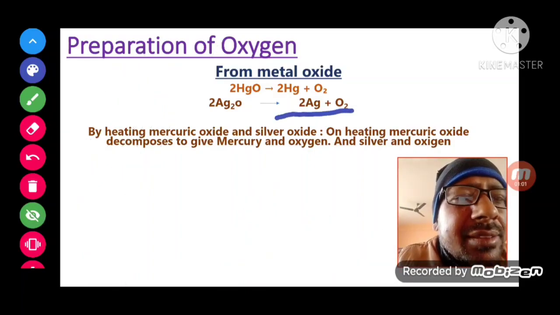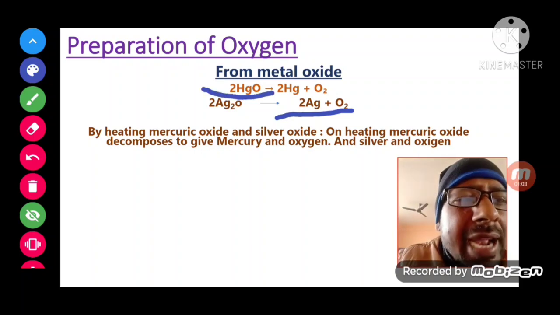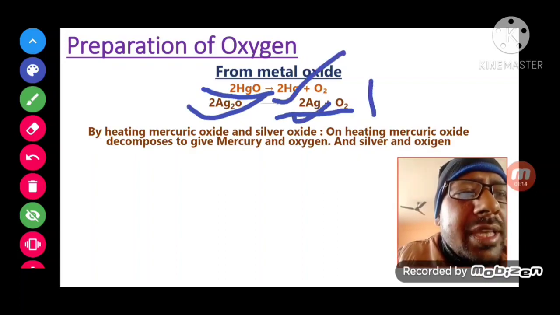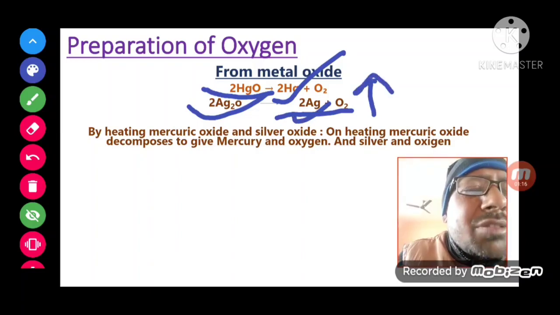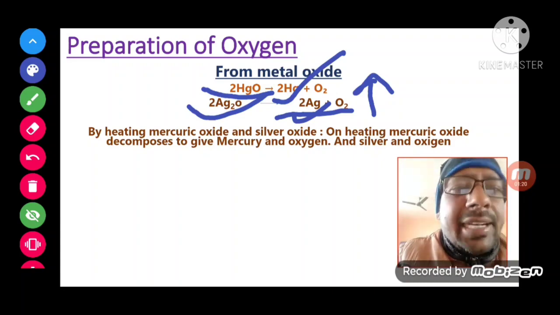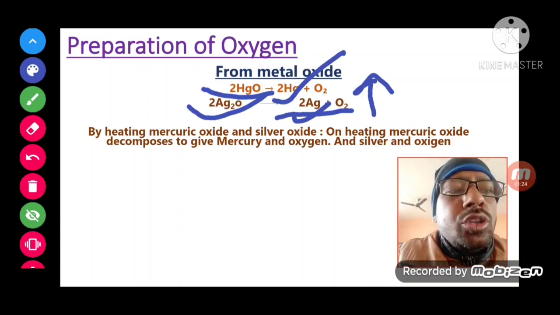You can see that here it is a metal oxide, mercuric oxide and silver oxide, and on heating they are giving mercury and silver along with oxygen gas. And oxygen gas you can get by heating metal oxide. So this is your first method, how you will get oxygen from metal oxides.